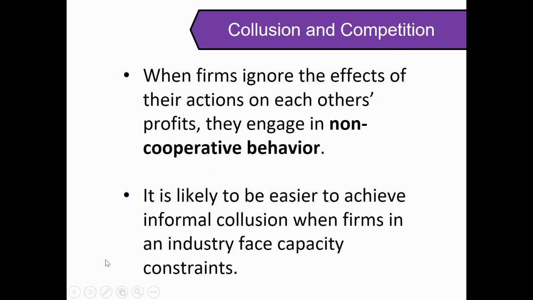Okay. So when firms ignore this idea of collusion, they're practicing non-cooperative behavior. They're looking out for themselves, and when you look out for yourself, once again, there is this competition.